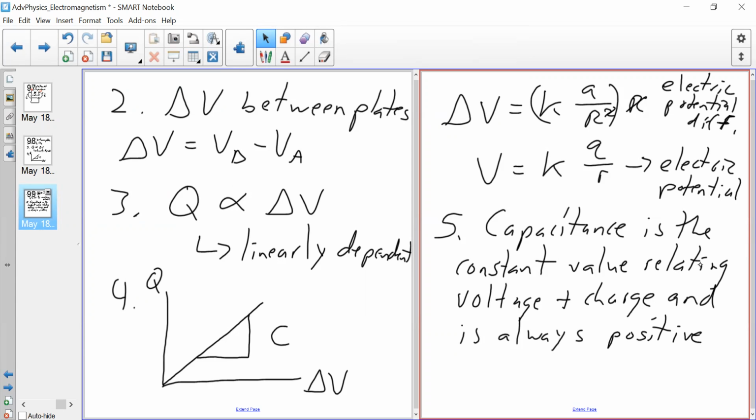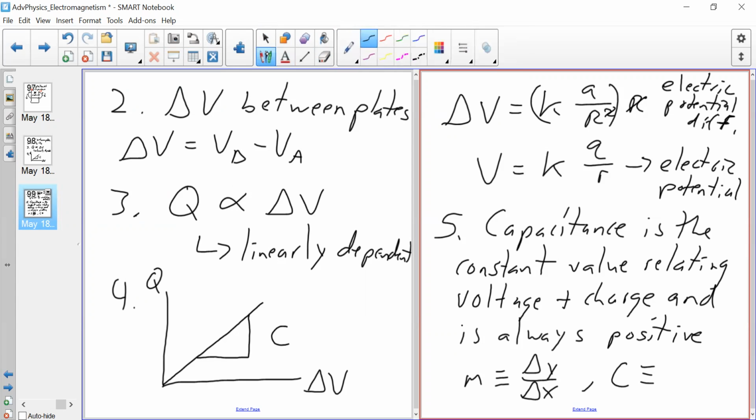If we take the slope, that will be m equals delta y over delta x. And so capacitance follows, by definition, Q over delta V, not delta Q, because Q is the magnitude, so there's no deltas.